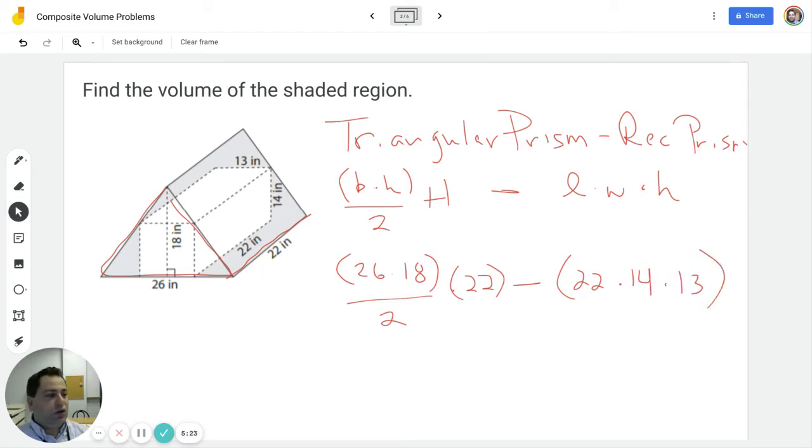Now it's just about crunching numbers. So first things first, 26 times 18 divided by 2 times 22. You could also do 26 times 18 times 11. It's all the same. And I would get 5,148.